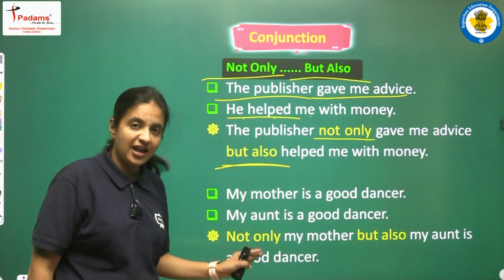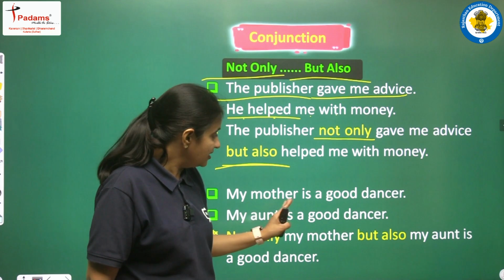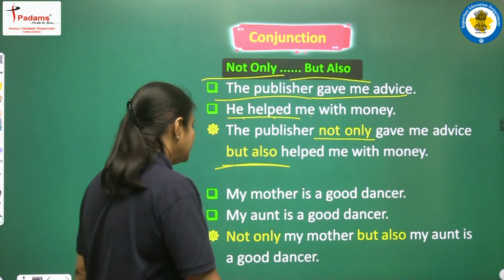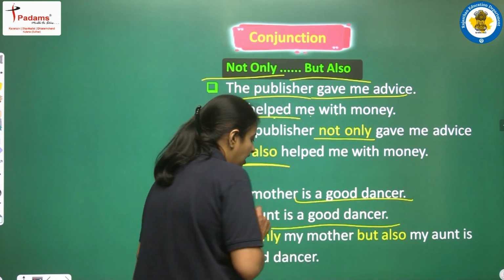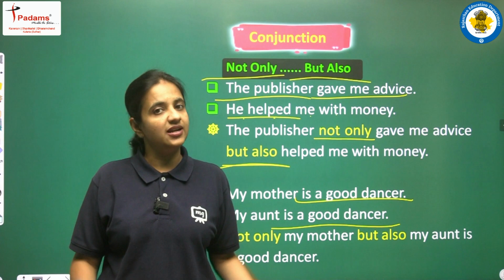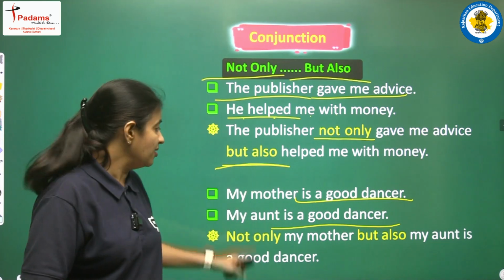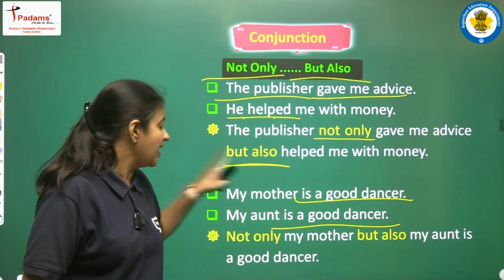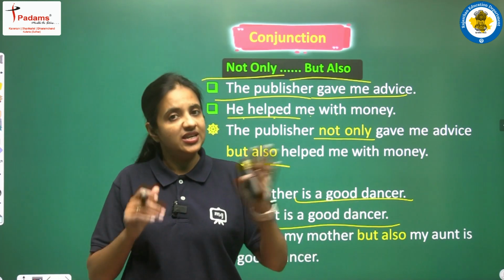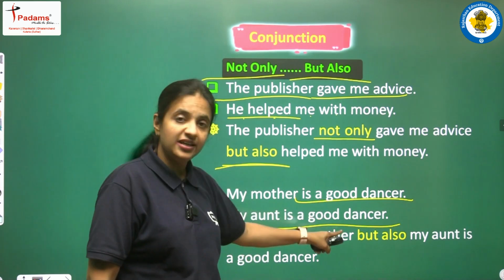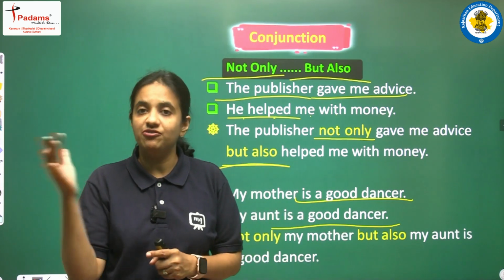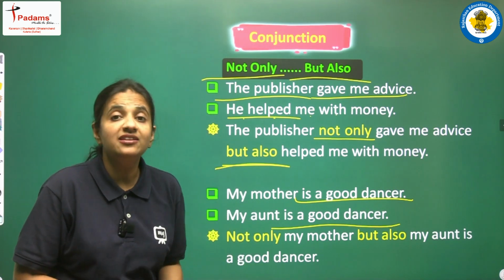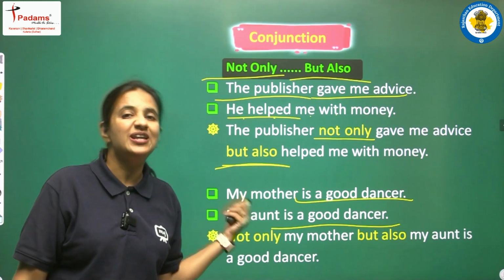One more example we have here. So let's see. My mother is a good dancer. My aunt is a good dancer. In these two sentences we can see that "is a good dancer" is a common thing. Now we are talking about two persons: first my mother and second my aunt. So we have a common thing here, but two different subjects. Now we will add these two subjects using "not only but also".